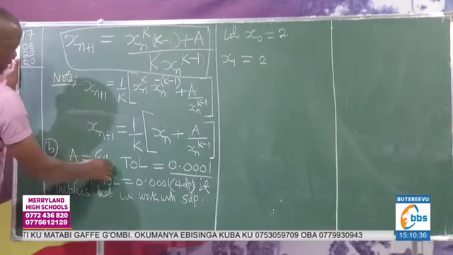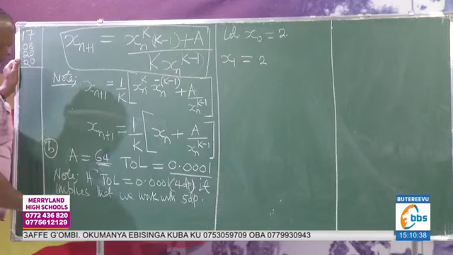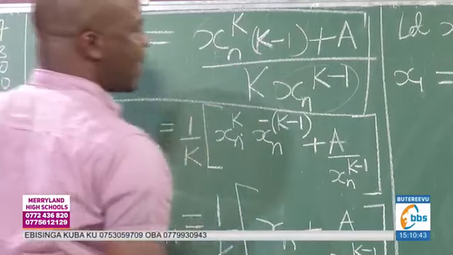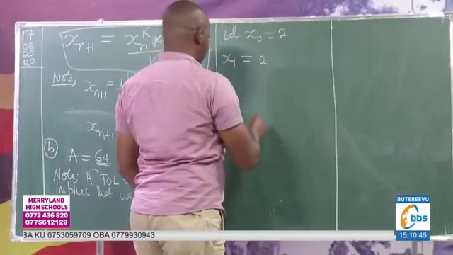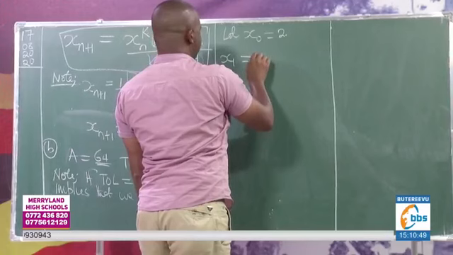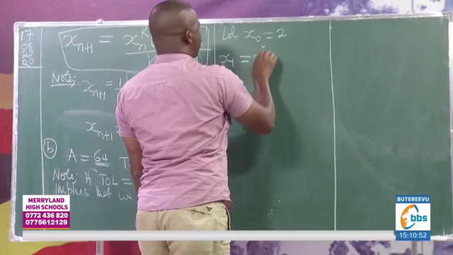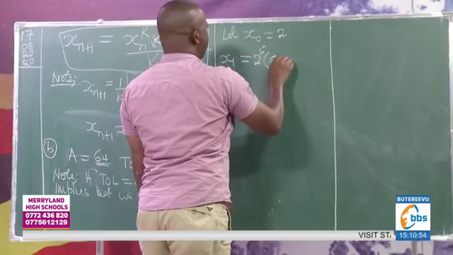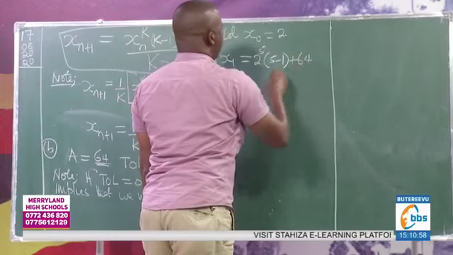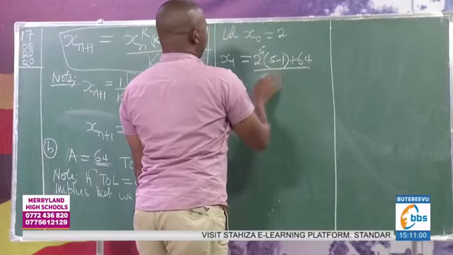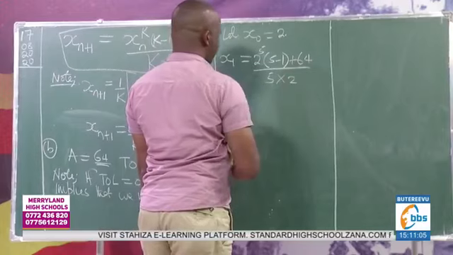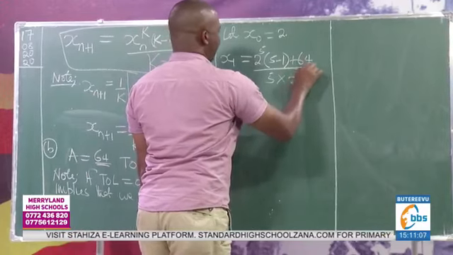And our A is 64, our k is 5. So if I take in 5 minus 1, I will have a 4. I'll have a 4 here. Let me substitute it like that. 2 to the power 5 into 5 minus 1 plus 64 over k, which is 5, times 2, which is the x naught, to the power 5 minus 1.